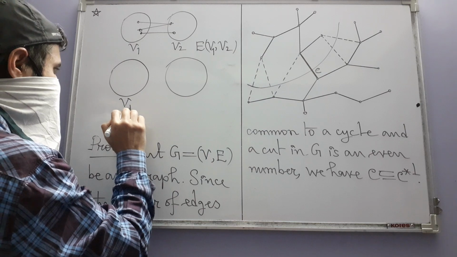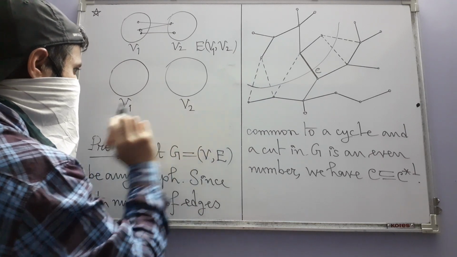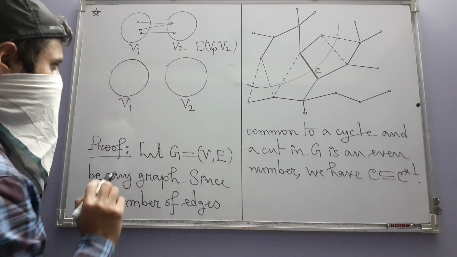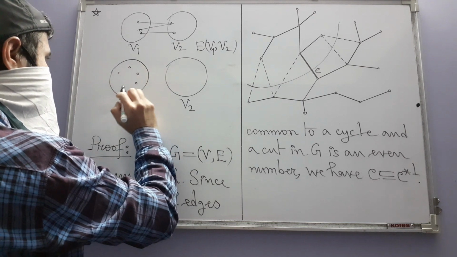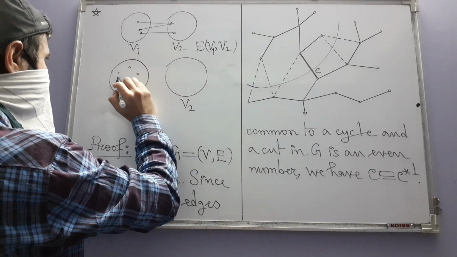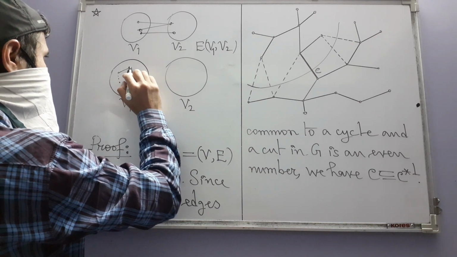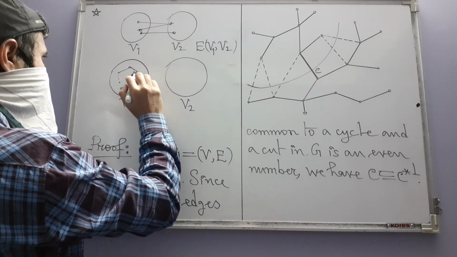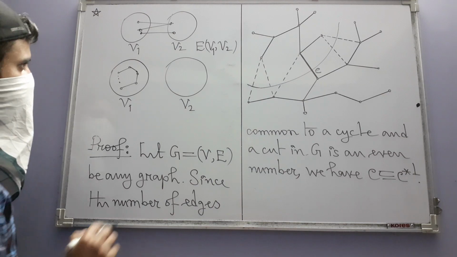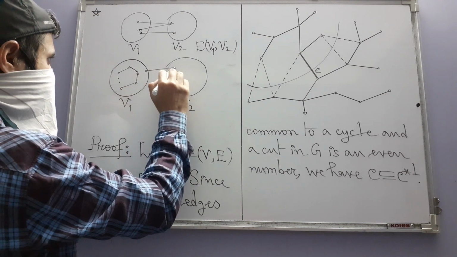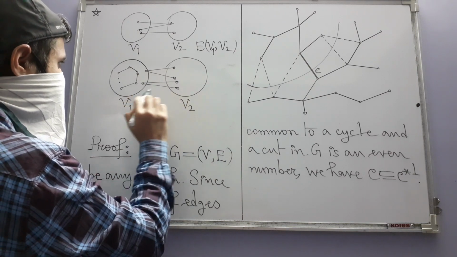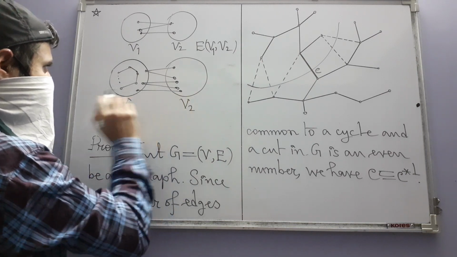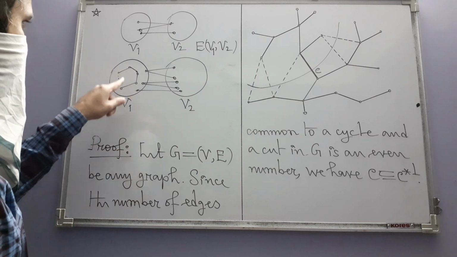Now, it may very well happen that the cycle we have considered has all its vertices lying in V1 itself. Then the cycle would look like this. But then the edges in the cut have nothing to do with the edges in the cycle.